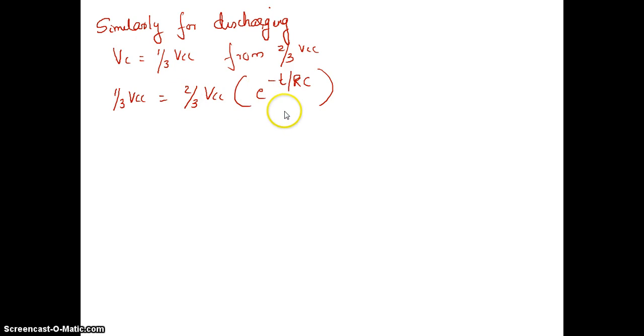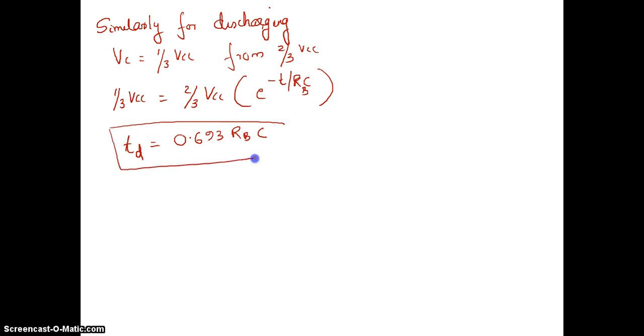The discharging equation is not 1 minus, it is e raised to minus t by RC. While discharging, you will have only RB and C, not RA. Doing the same calculation, we get 0.693 RBC, and that is the discharge time TD.